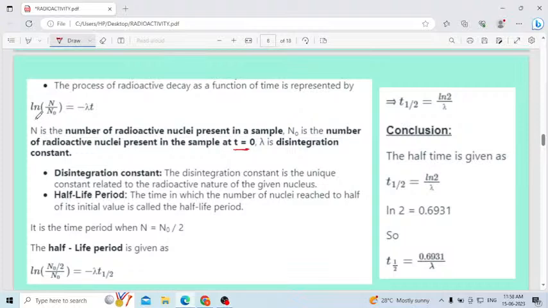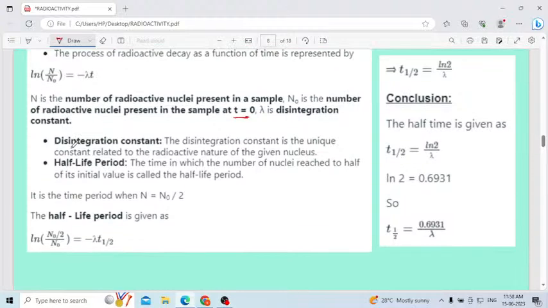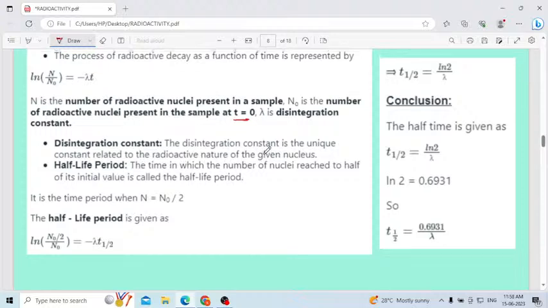The process of radioactive decay as a function of time: ln(N/N0) is equal to minus lambda t. Then what is meant by disintegration constant? Lambda we consider as the disintegration constant. The disintegration constant is the unique constant related to the radioactive nature of the given nucleus.